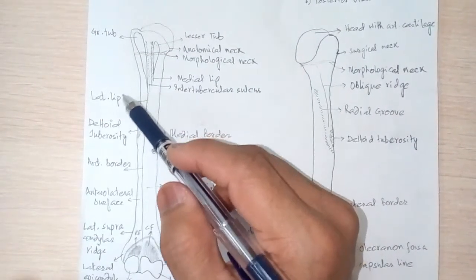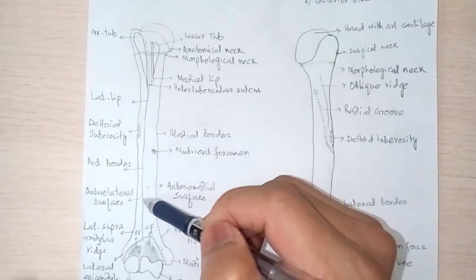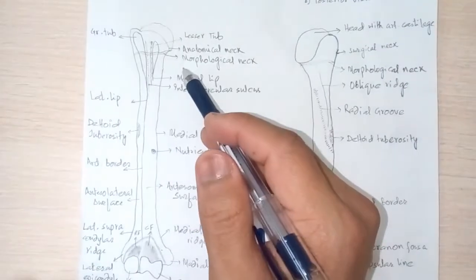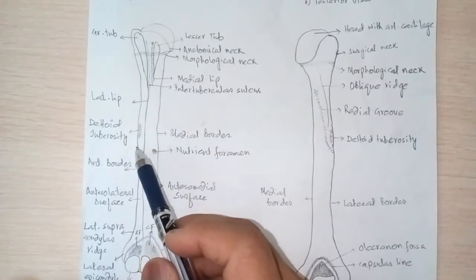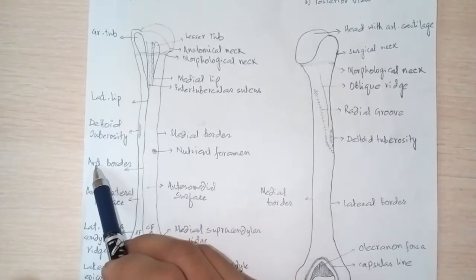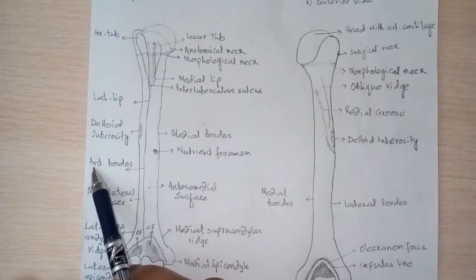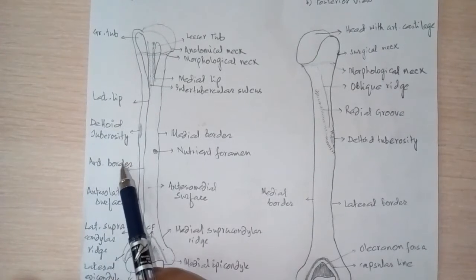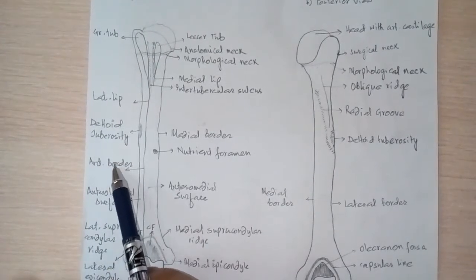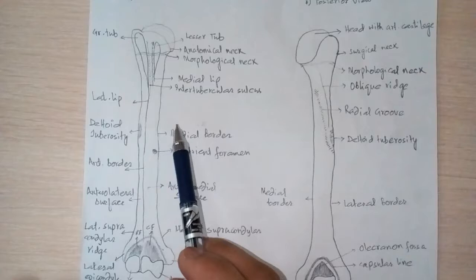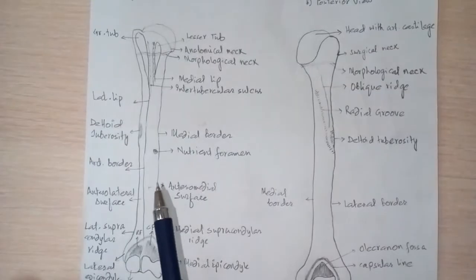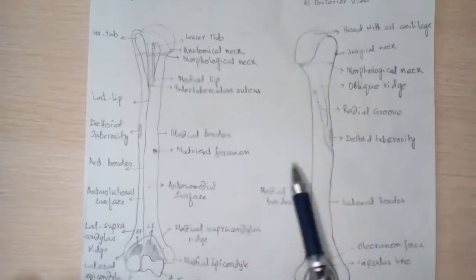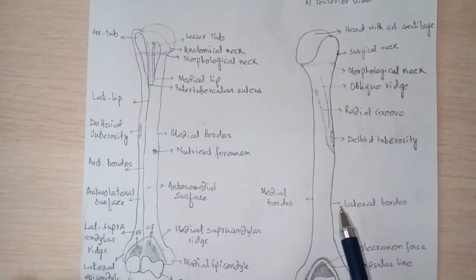The humerus has three borders and three surfaces in the shaft. The three borders we are seeing here are the anterior border, the medial border, and the lateral border here on the posterior aspect.